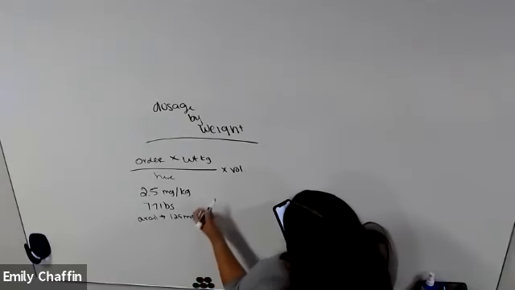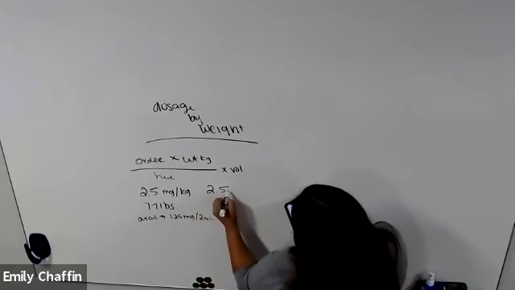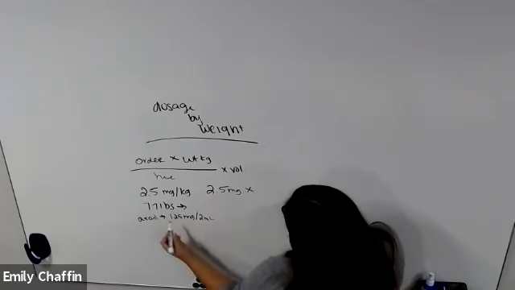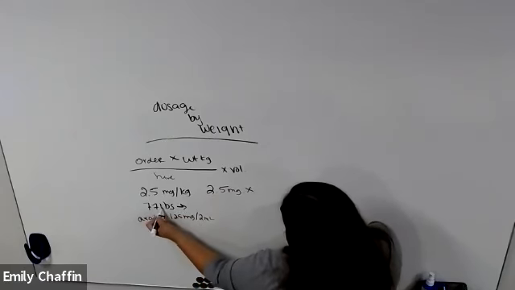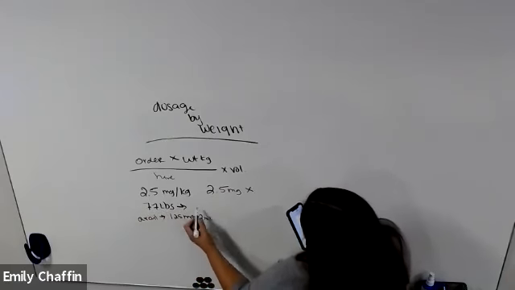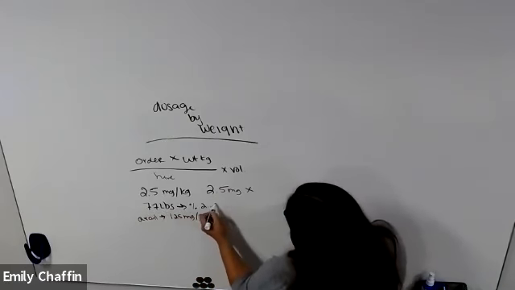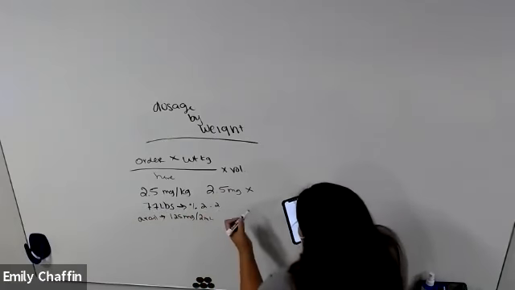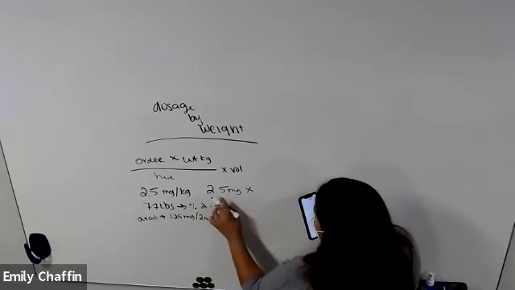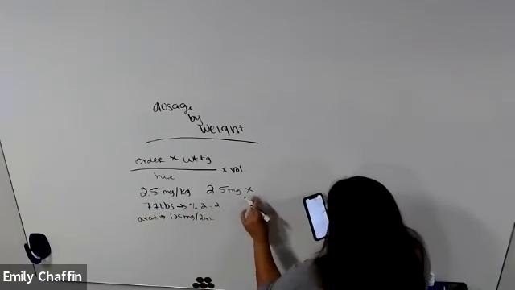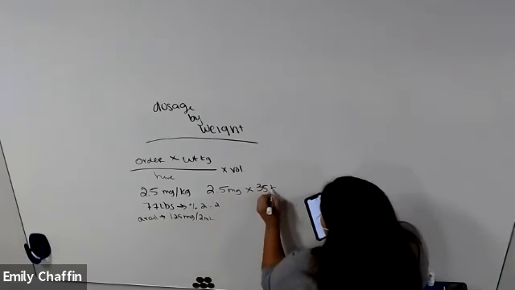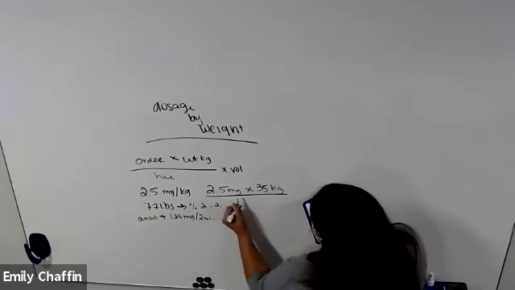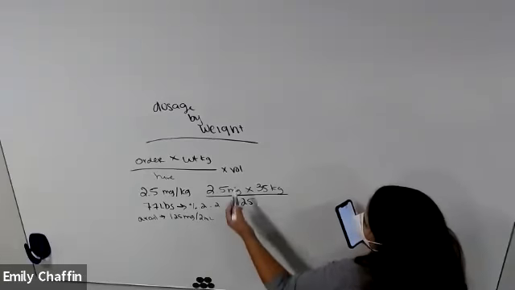So what you would do is 2.5 milligrams times this weight in kilos. To get 77 pounds to kilos, you want to divide by 2.2, which in this case is 35. So here you have 2.5 milligrams times 35 kilograms over 125, and then it has volume.